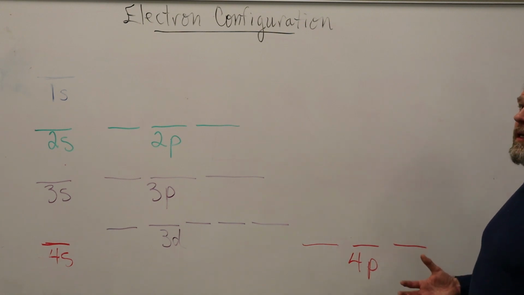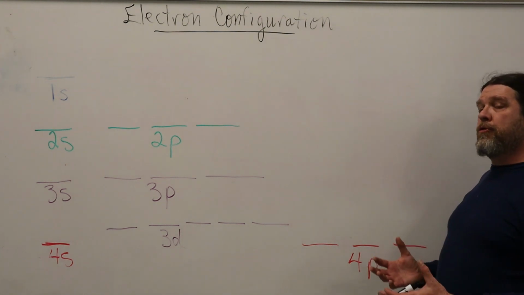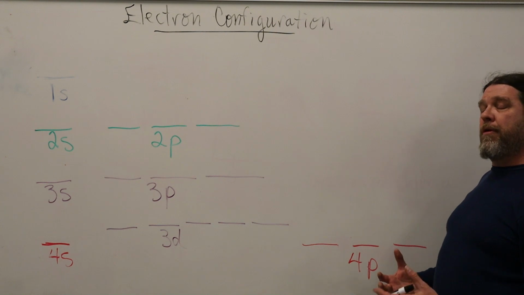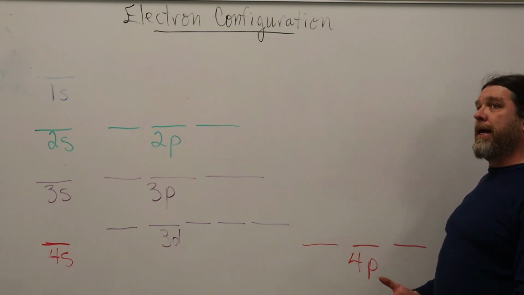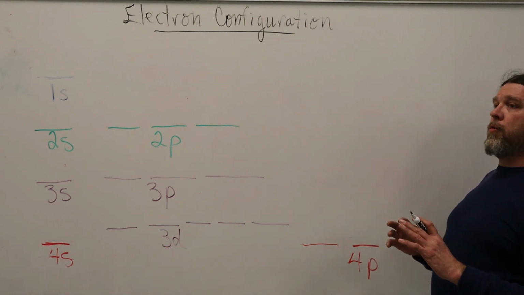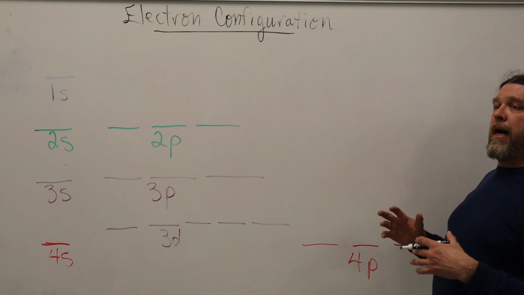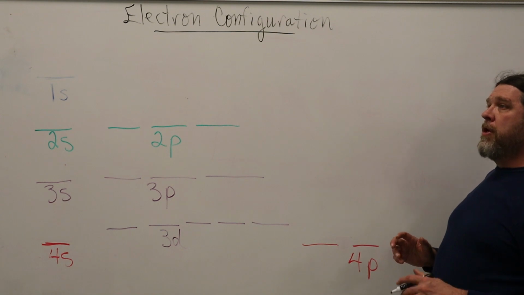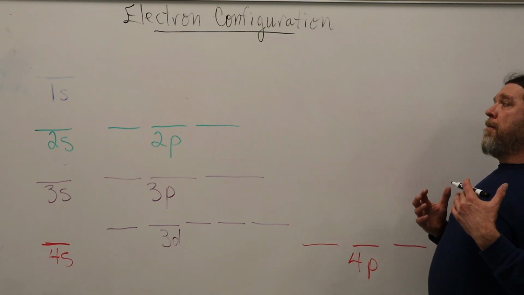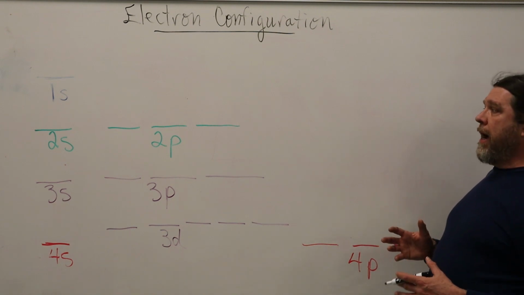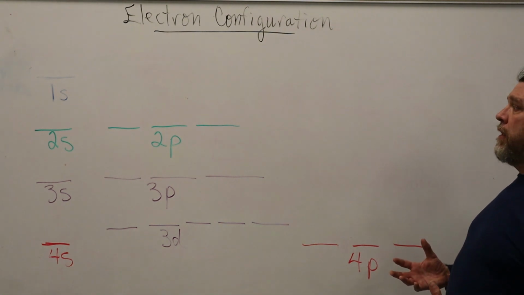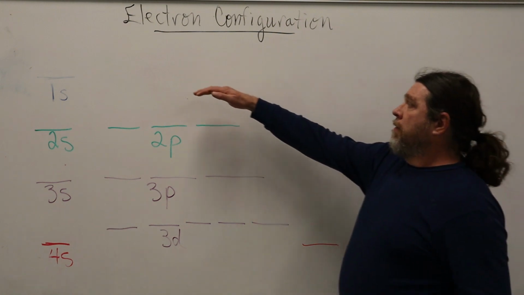If we're looking at just a neutral elemental atom, where we have the same number of protons and the same number of electrons, in other words, we're not looking at ions, positively charged cations, or negatively charged anions, we can model the electron cloud.